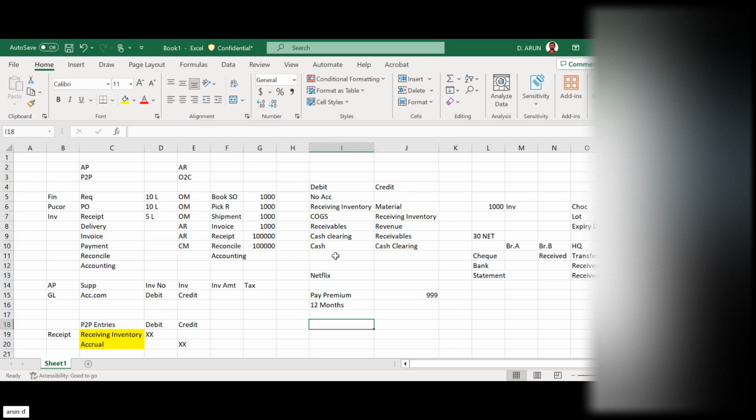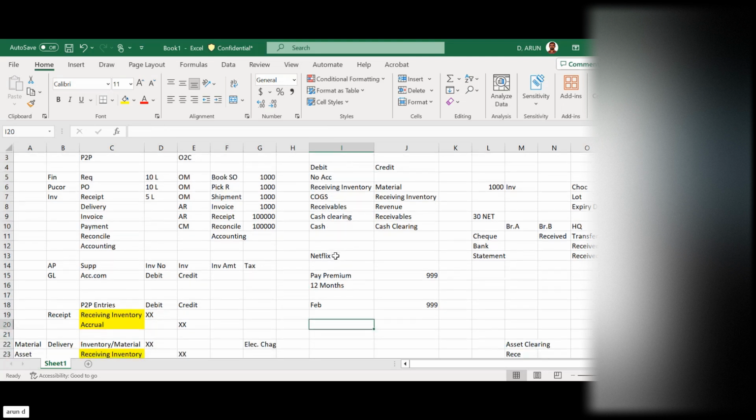Let's say I am receiving this in the month of February. This customer has paid me in February, so I cannot directly book this 999 in the month of February. Why can I not book this in February? Because the service that I'm providing, I'm not giving it only for February. I'm going to give this service for the entire 12 months, so I cannot book only for the February month.